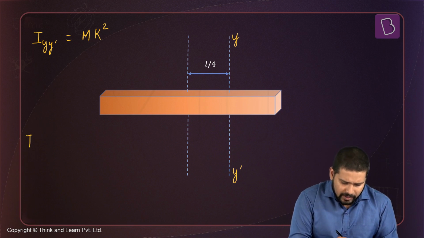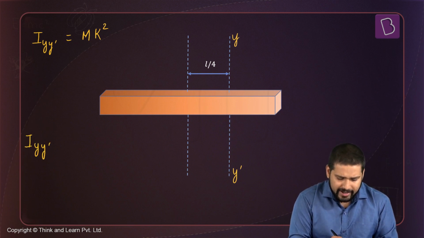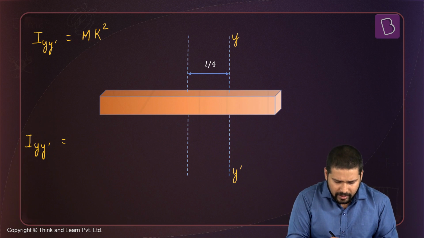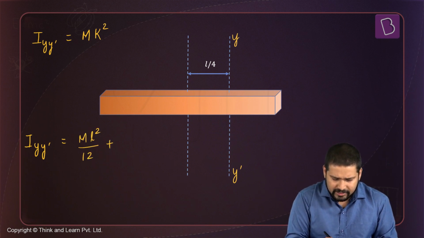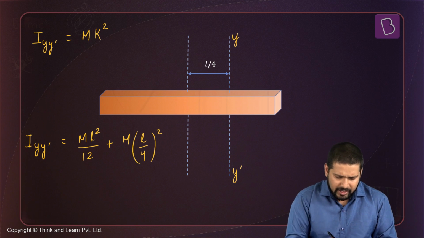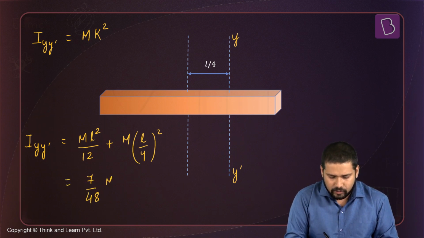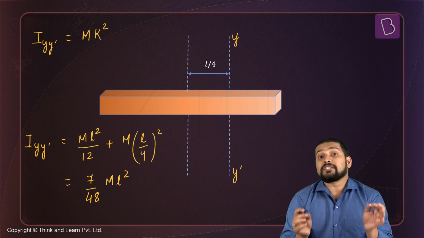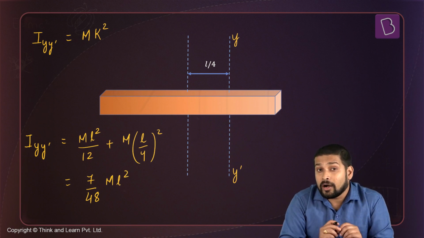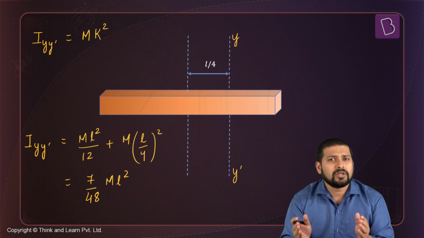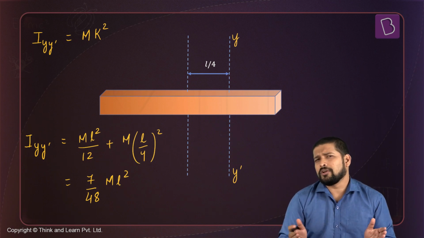So I can write I about y dash is equal to ml square by 12 plus we have m times L by 4 whole square. And this gives me a value of 7 by 48 times of ml square. And this value of moment of inertia about this axis of y dash, I have to equate it to this value of mk square.